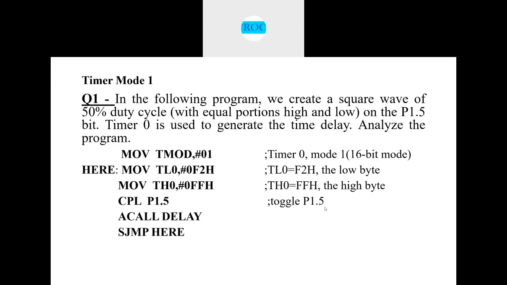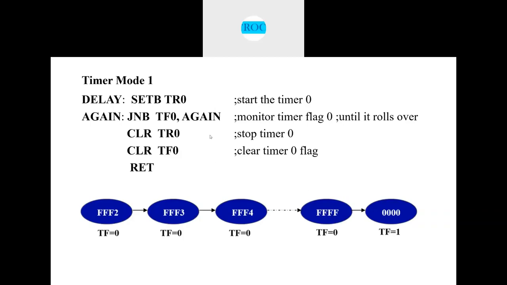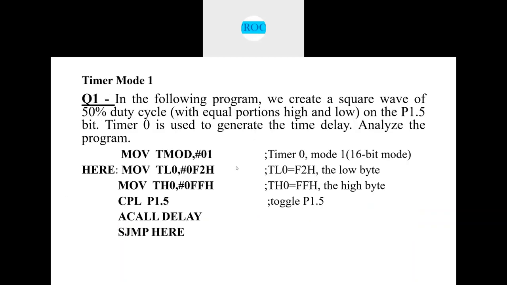For how long is P1.5 equal to 1? It all depends on the delay function we have, the time required to count from here to here. For that time port 1 will have a value of logic 1.